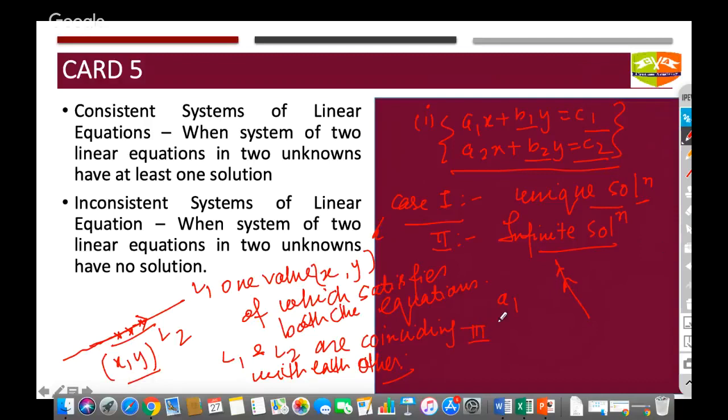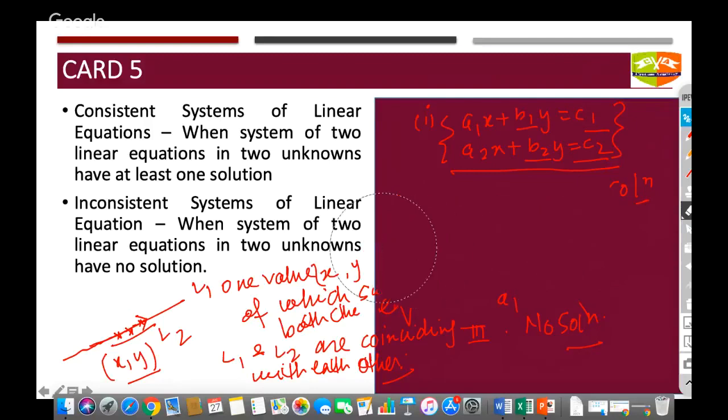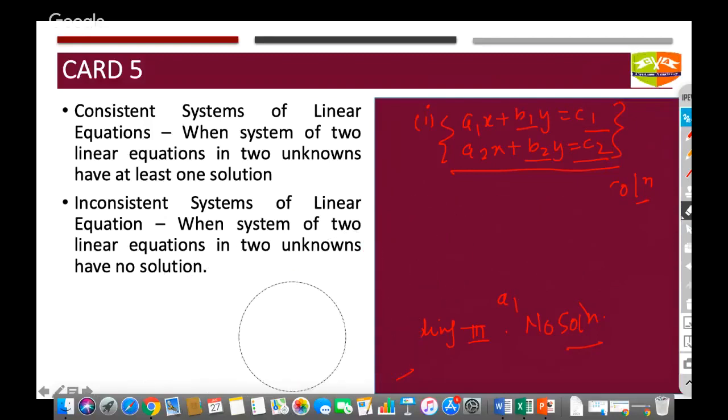And the third case is no solution. Any linear equation, if you have a little bit of idea about coordinate geometry, just for the sake of understanding, I'll be discussing it, not from the perspective of your exam.